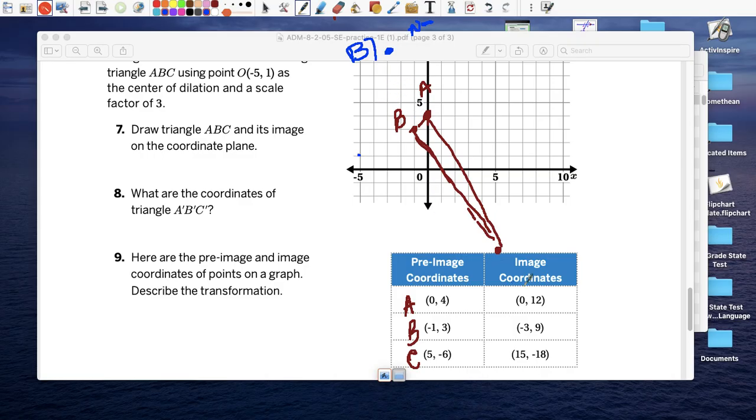And what are you noticing? 4 to 12 is times 3. Negative 1 to 3 is times 3. How did the 3 become a 9? Times 3. How did the 5 become a 15? Times 3. How did the negative 6 become negative 18? Times 3. So what was the scale factor here? 3. Sorry, I got confused with the previous question.